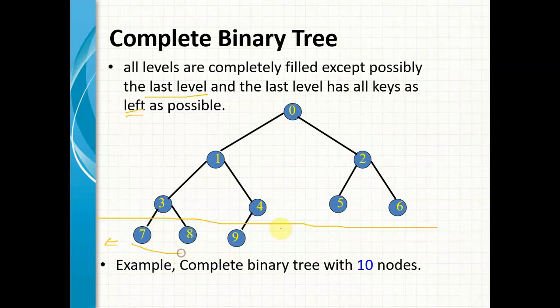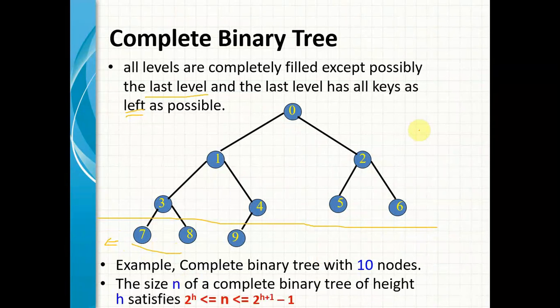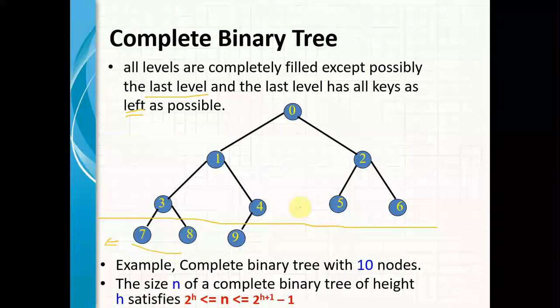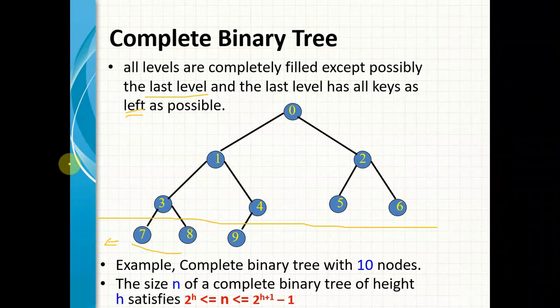So it is the characteristic of a complete binary tree. And for the size n, that is the number of nodes, the relationship with the height h is that 2 to the power h must be smaller than or equal to n, and n must be smaller than or equal to 2 to the power h plus 1 minus 1. So it is the property; you can imagine the relationship.